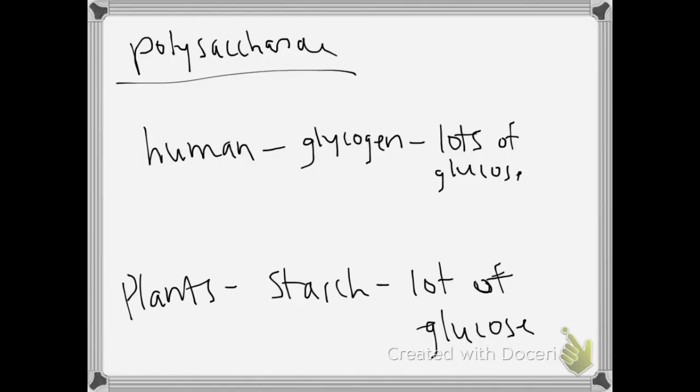This is how we store our glucose. We store glycogen so that in case we don't have access to food for a while, we have this storage unit of sugar that we can use for energy. Glycogen is stored in the muscle and the liver. That will be important to remember for the rest of the class.